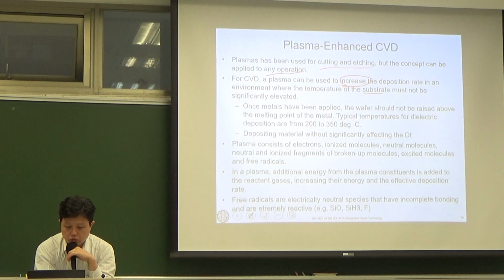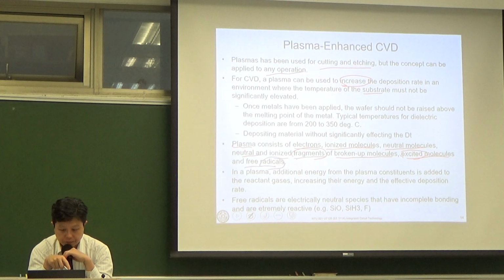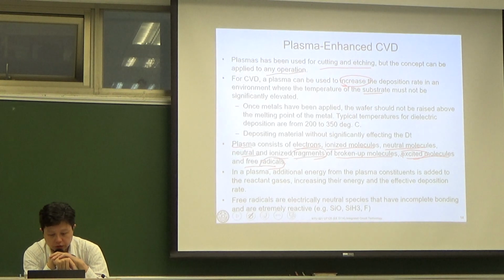So what is plasma? Plasma consists of electrons, ionized molecules, some neutral molecules, and neutral and ionized fragments or broken up molecules, and also some excited molecules and free radicals.